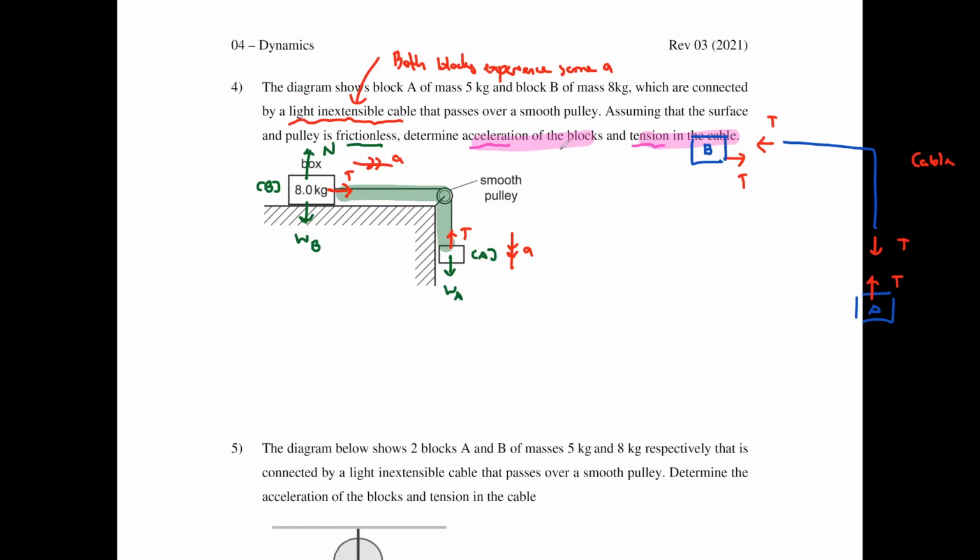What you are interested in doing is finding the acceleration A as well as the tension.